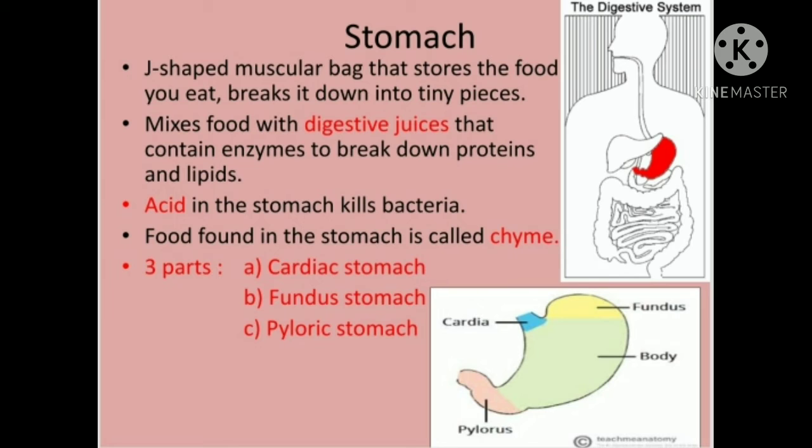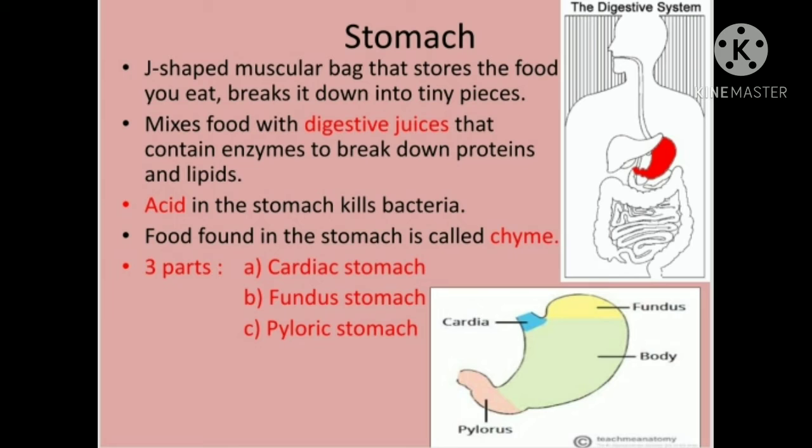It is the earlier, the starting part of the small intestine. This opening is guarded by a set of sphincter muscles called the pyloric sphincter. It regulates the flow of food from the stomach to the small intestine.